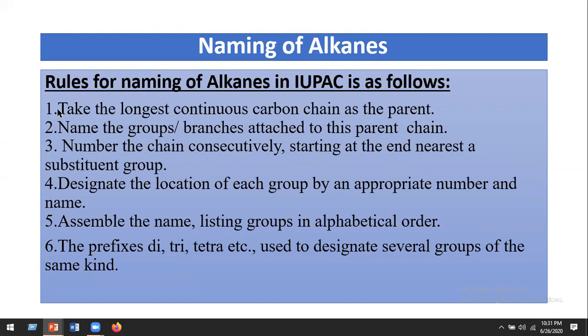Naming of alkanes. The rules for naming alkanes in IUPAC are as follows. The full form of IUPAC is International Union of Pure and Applied Chemistry. Point number one, you have to take the longest continuous carbon chain as the parent.